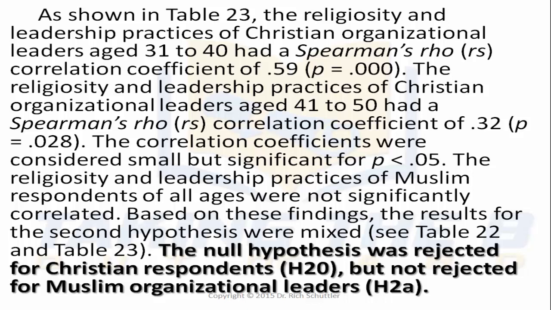The correlation coefficients were considered small, but significant for P greater than 0.50. The religiosity and leadership practices of Muslim respondents of all ages were not statistically correlated. Based on these findings, the results for the second hypothesis were mixed. See Table 22 and Table 23. See how he concludes this section? The null hypothesis was rejected for Christian respondents, but not rejected for Muslim organizational leaders.